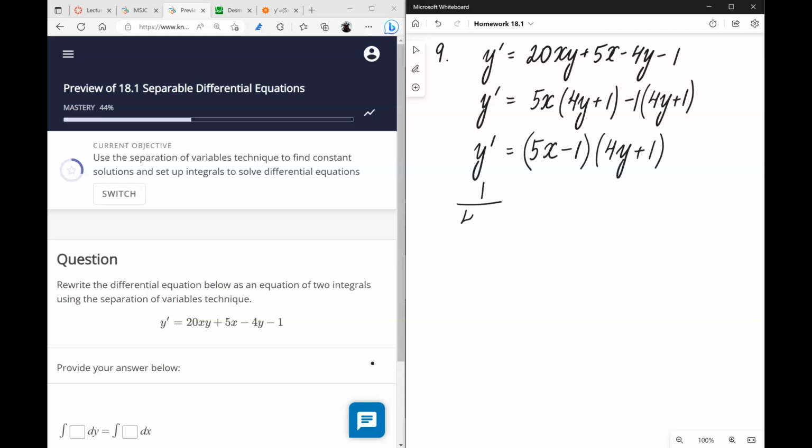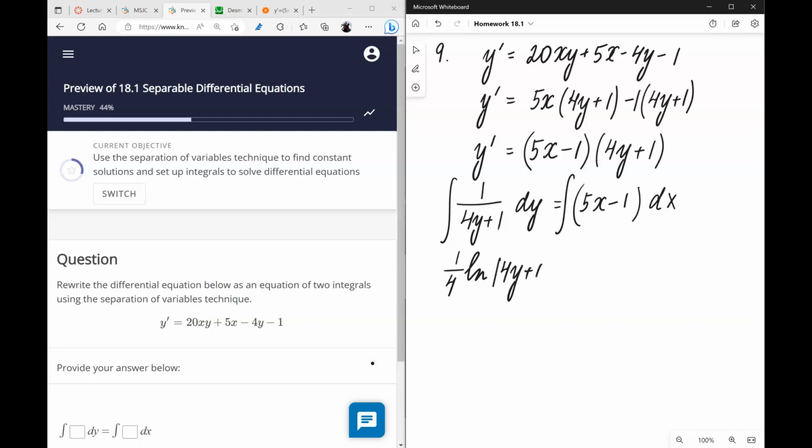So on the left side we have 1 over 4y plus 1 dy. On the right side we have 5x minus 1 dx. We proceed with applying integral to both sides. Now on the left hand side we have 1/4 ln absolute value of 4y plus 1. It's a simple linear substitution.